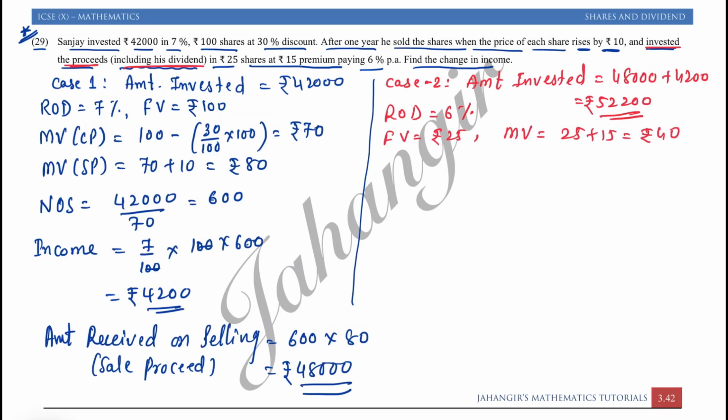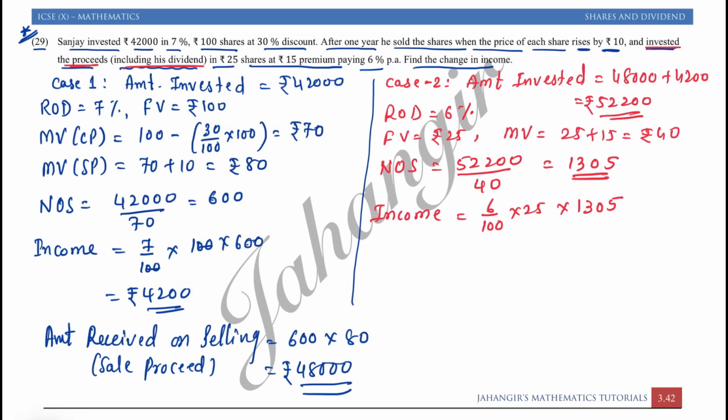So now we have to find income in the second case. For that, first we will find the number of shares, that is amount invested 52,200 upon market value 40. Divide this, you will get 1305. This many shares have been bought. Now we will find income. Income is equal to ROD 6 upon 100 into face value 25 into 1305.